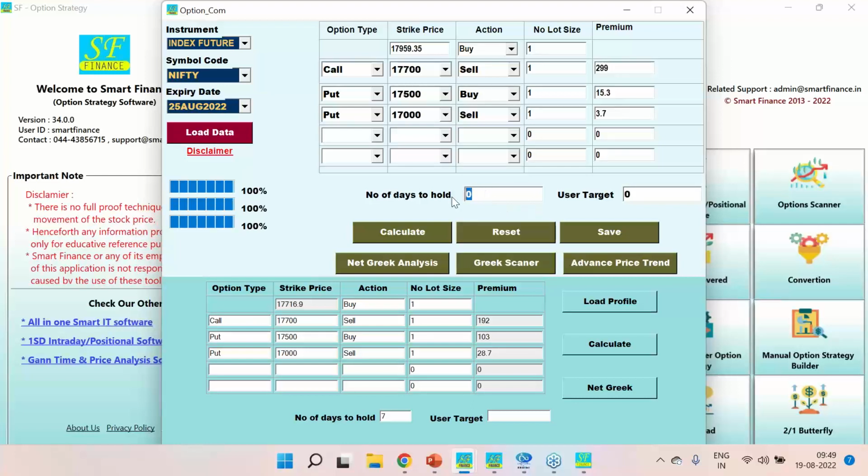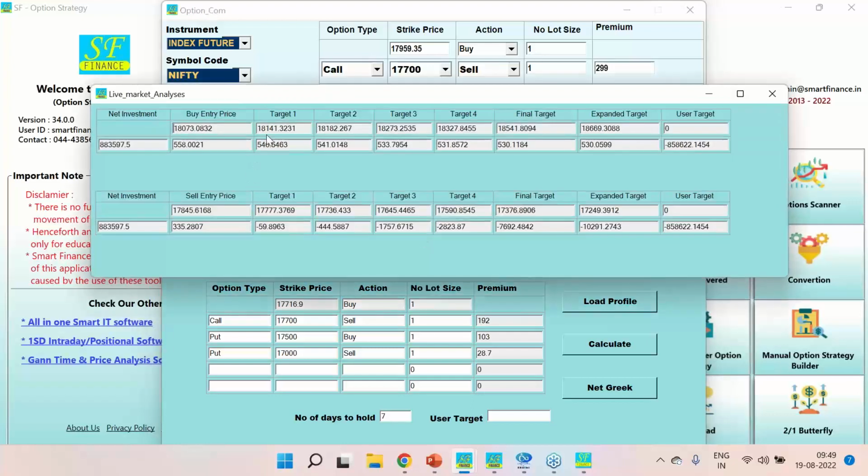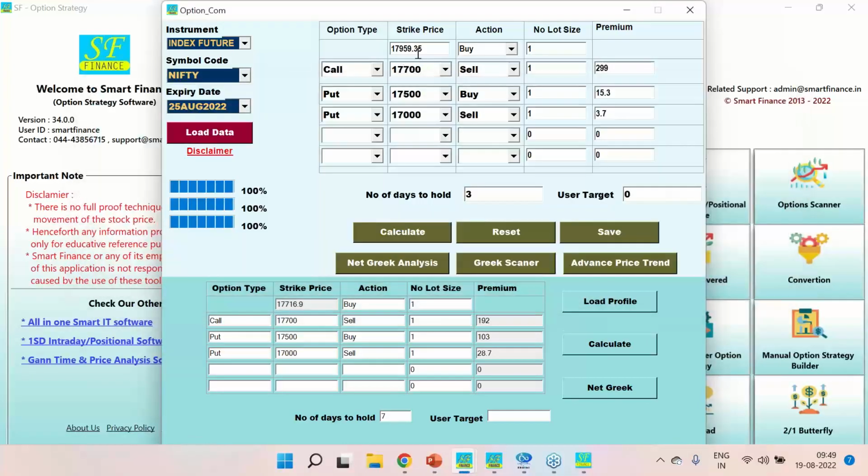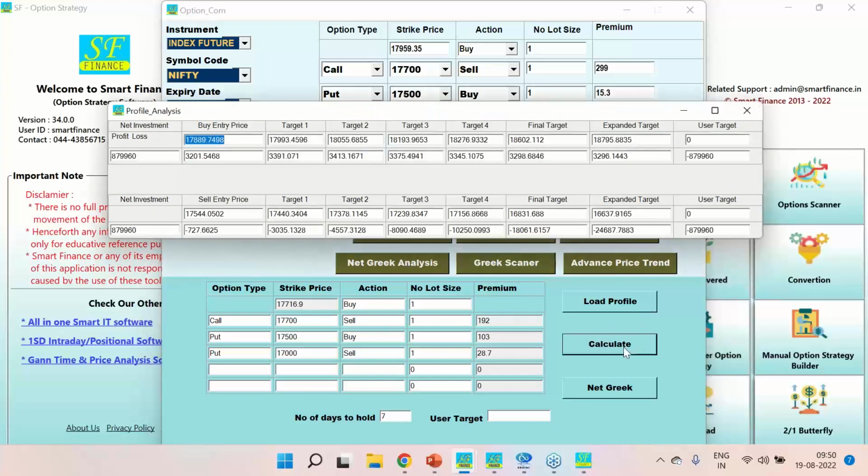Now if I put in any number of days and calculate it, here it is showing some profit and loss. We are now at 17,959. On that day, the software said that at the 17,993 level I would have 3,391 rupees profit.